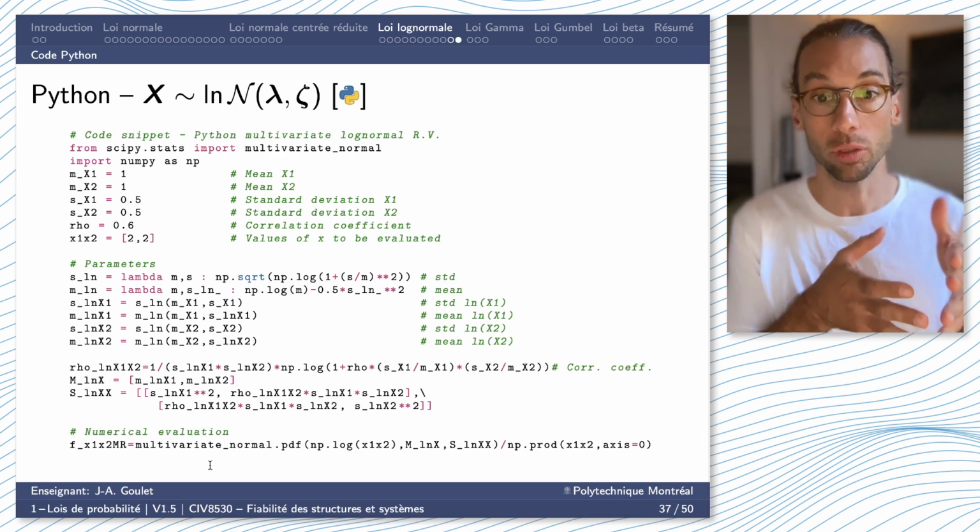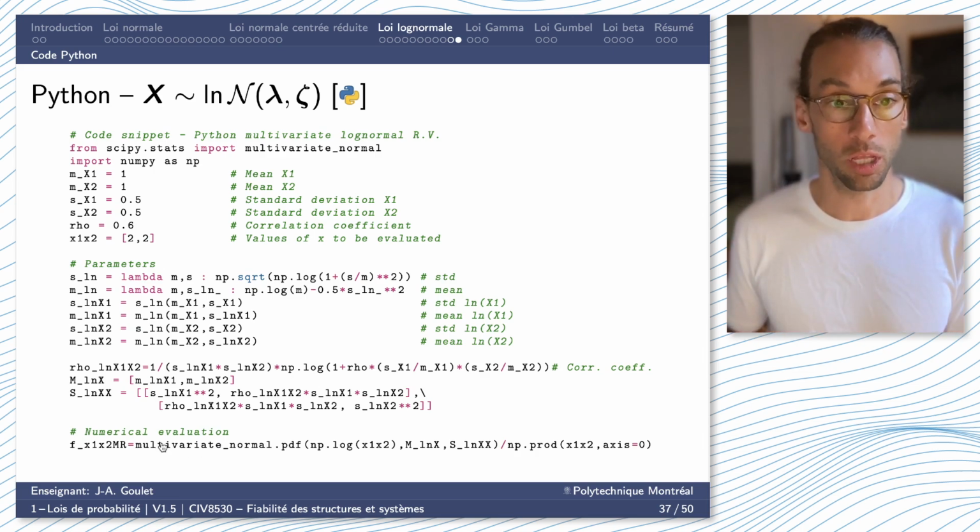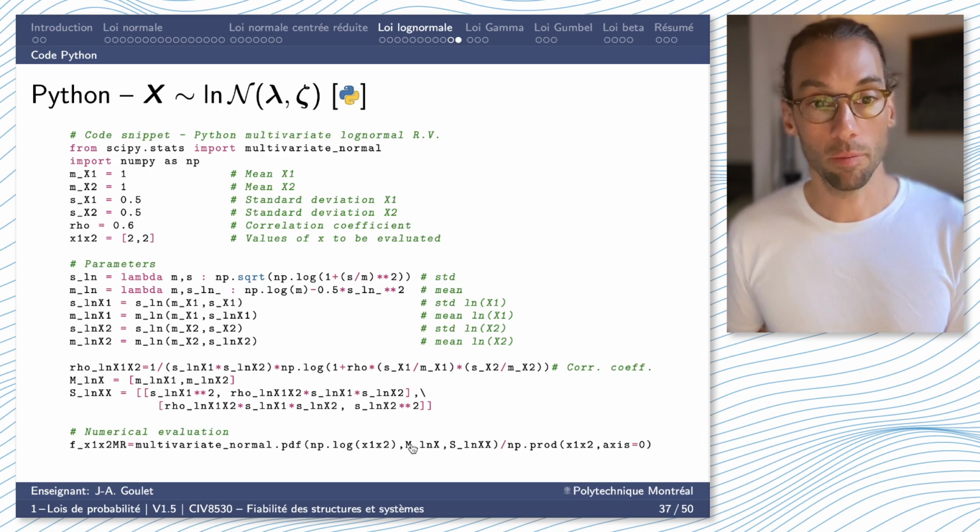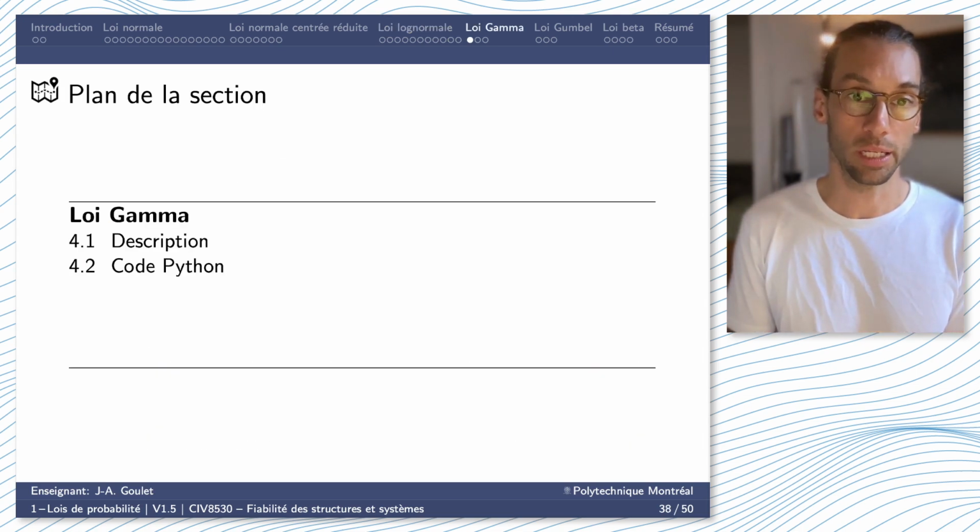You have to manually build it from the multivariate normal. So multivariate normal.pdf, we evaluate this at the log of my tuple x1, x2 for mean of ln of x and covariance of ln of x, and I need to divide by the product of x1, x2, my tuple I want to evaluate. Okay, so this is how you would use a multivariate log normal PDF.